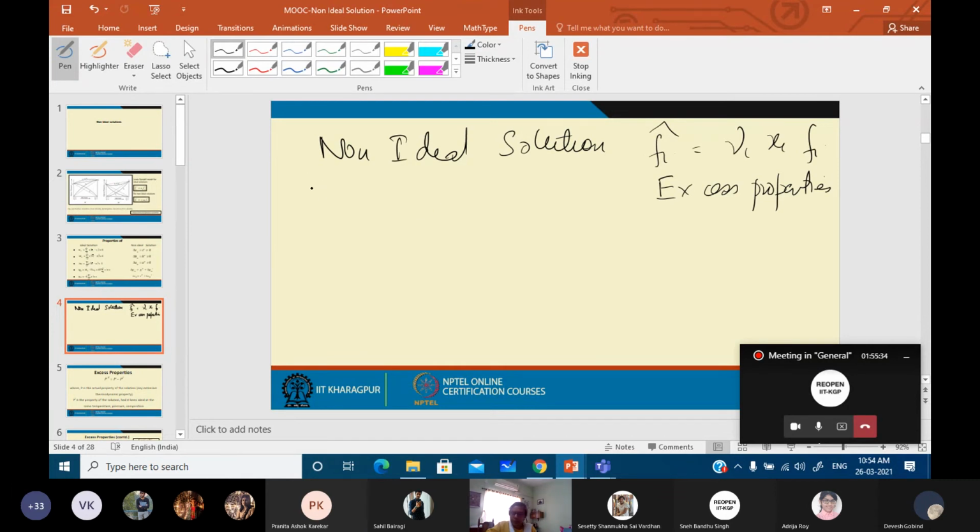Suppose for any particular mixture I take the Gibbs free energy excess property. It should be the property change of mixing minus the property change for an ideal solution, where ID means ideal solution.